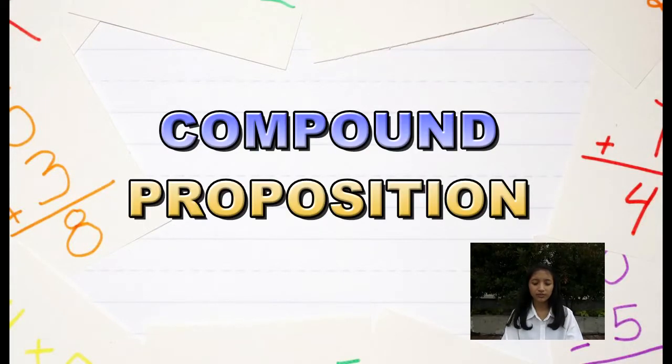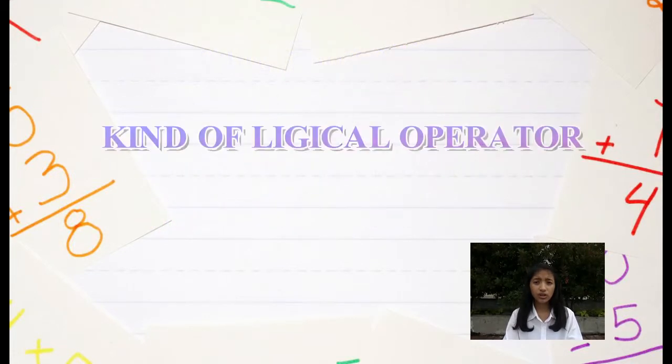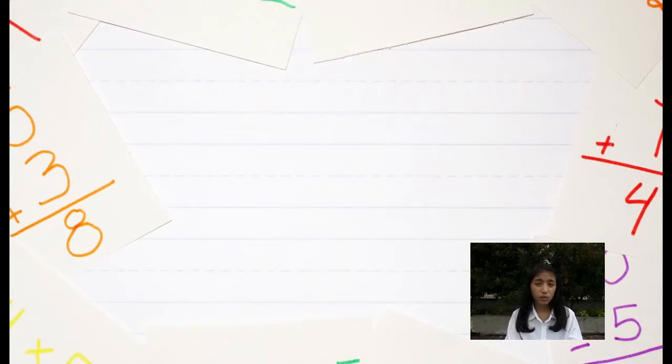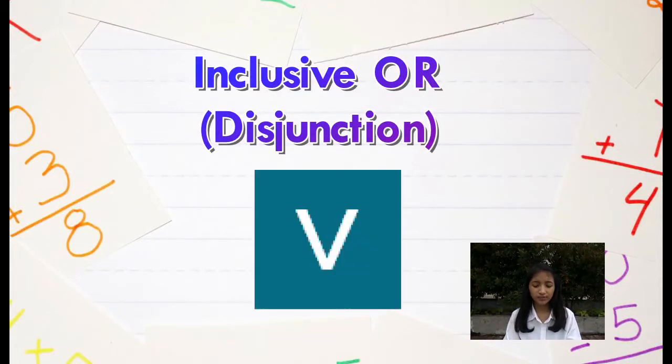Compound proposition. A compound proposition is a new proposition formed from existing propositions using logical operators. Kinds of logical operators. Number 1. And, or conjunction, and the symbol is like this. Number 2. Inclusive or, disjunction, and the symbol is like this.